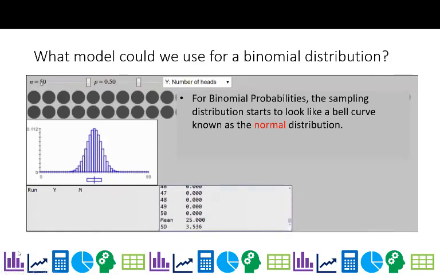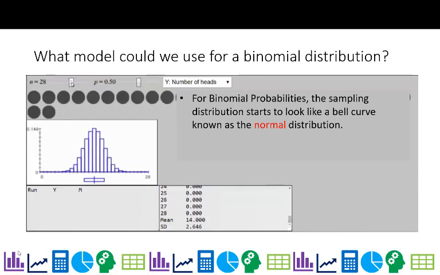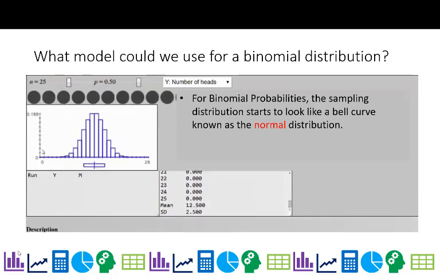Even if I were to bring it down to, say, 25 flips, it would still look very similar to a normal distribution right there. So one of the things we can do is use a normal distribution to simulate our binomial experiment of flipping the coin.